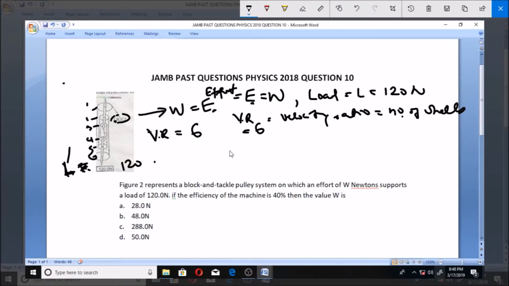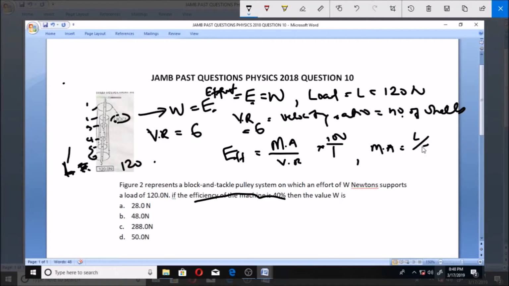Now we can put the formula for efficiency, because efficiency is given as 40%. Efficiency is MA over VR times 100 over 1. And MA, mechanical advantage, is equal to load over effort.